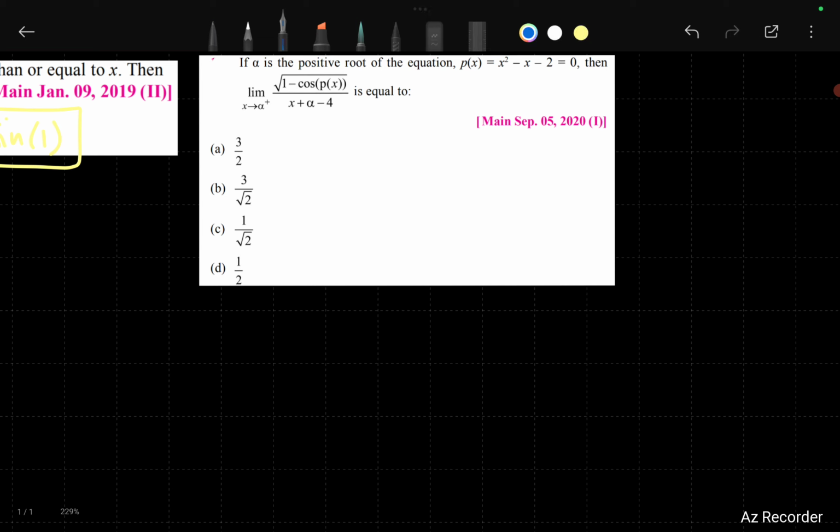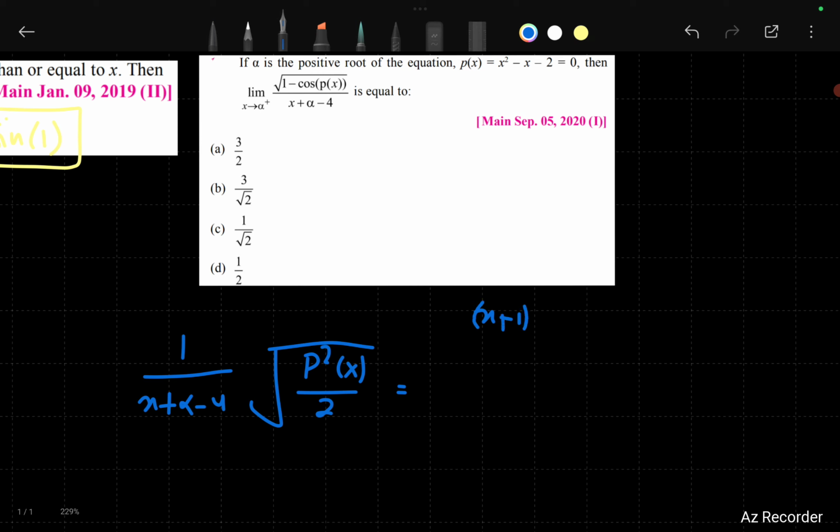So the value will be clearly under root, p square of x divided by 2, and here it will be x plus alpha minus 4. Then what is alpha? Alpha is the positive root of this equation. Clearly we can see that x plus 1 and x minus 2 will be factors of p of x.